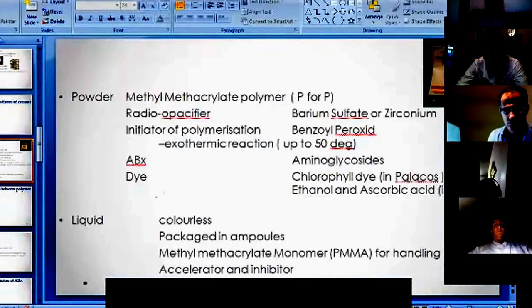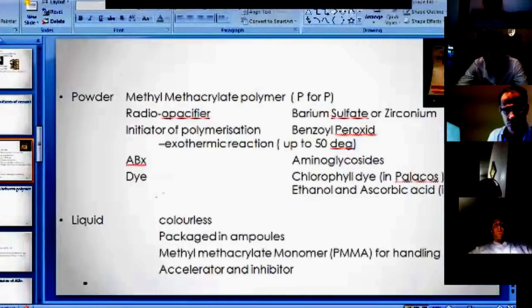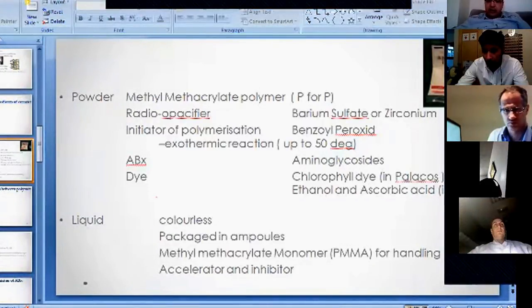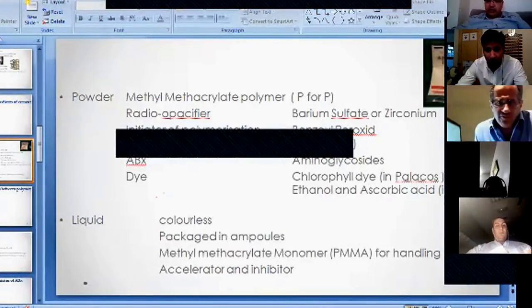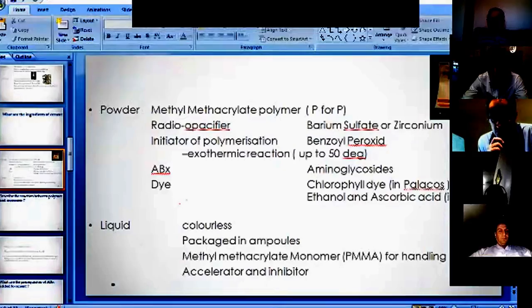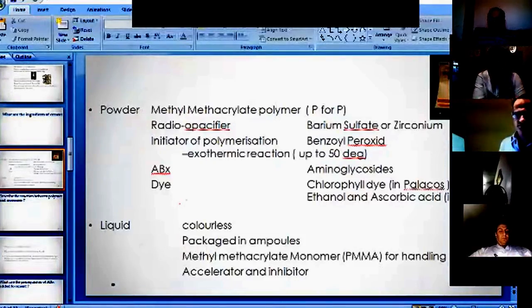In addition to the monomer, it contains the accelerator and the inhibitor. So the powder has the initiator, the liquid has the accelerator.